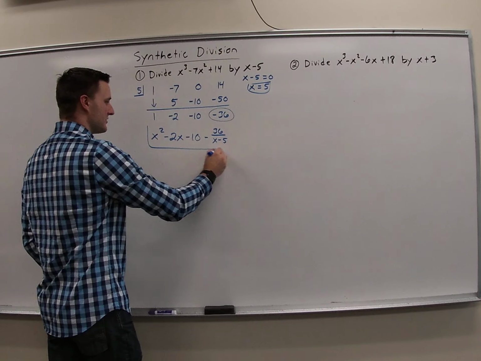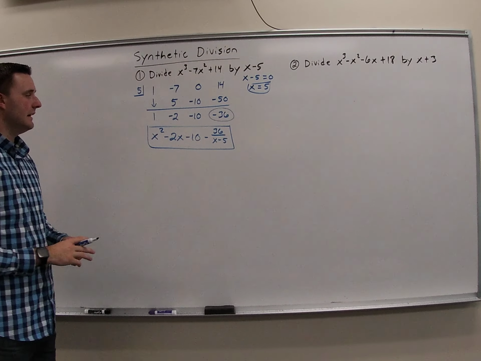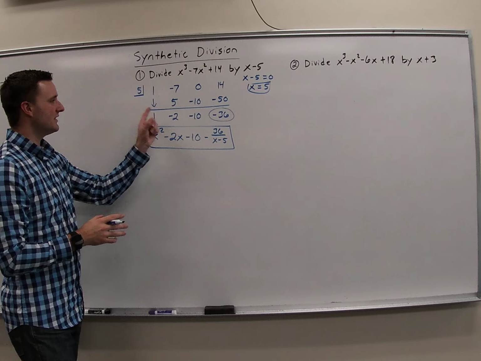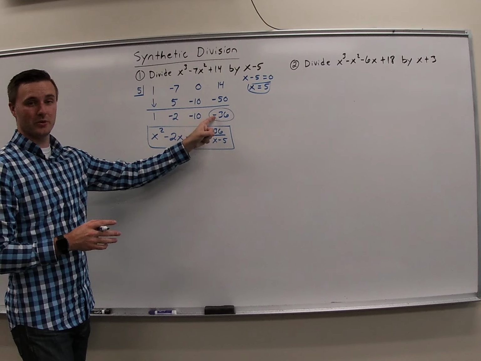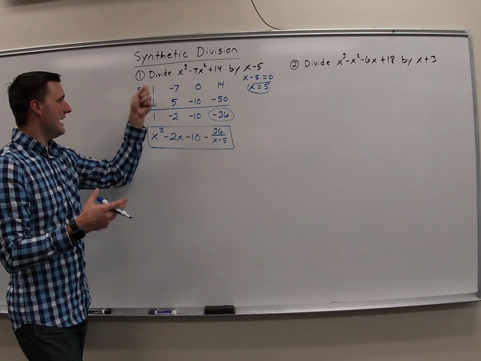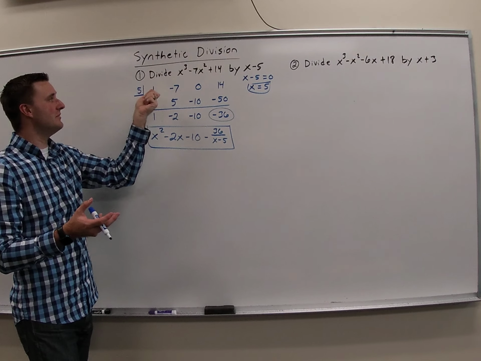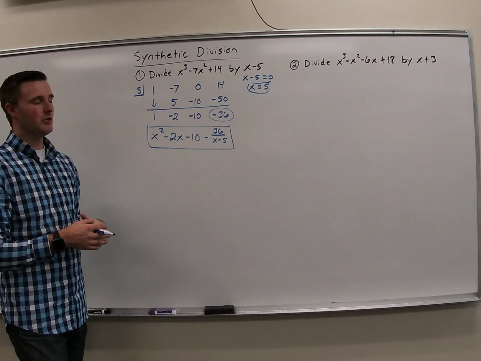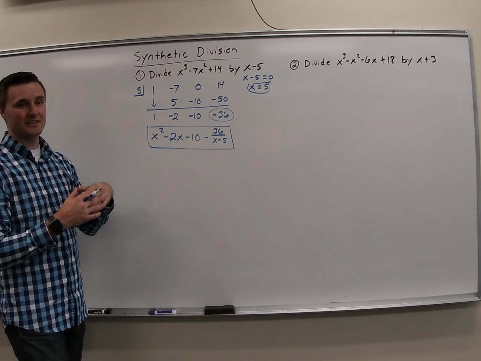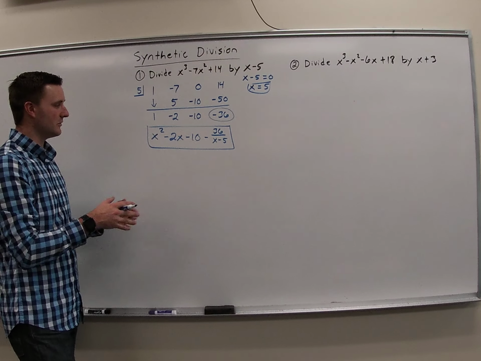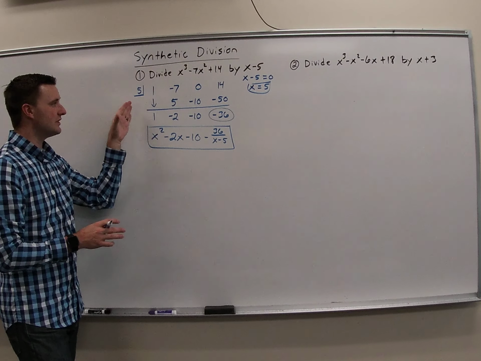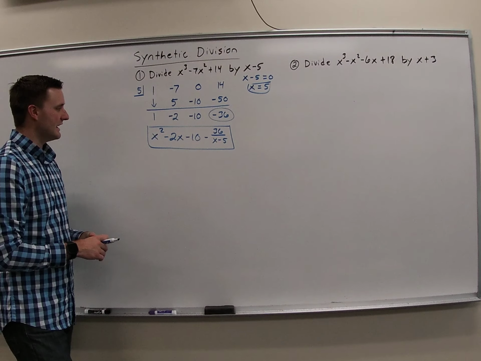And this should be the same answer that we got before. And so with synthetic division, because I did not have 0 as my last number, that means x minus 5 does not divide evenly into this polynomial. So meaning that when x equals 5, it is not a solution. y is not equal to 0. And we're going to use this to find solutions later.